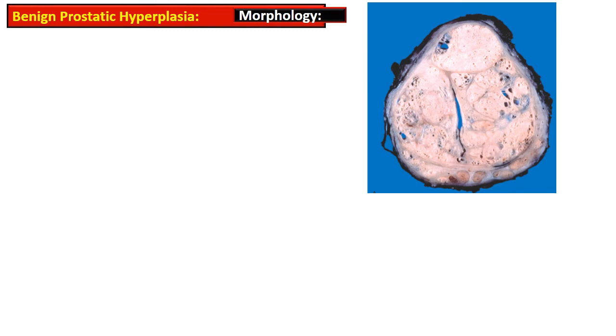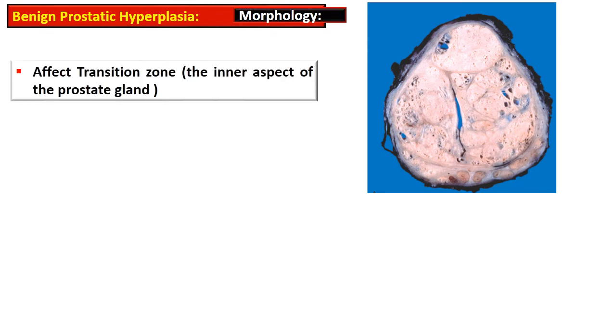Now, as far as the morphology of this benign prostatic hyperplasia is concerned, the weight of the prostate increases up to thrice or 5 times the normal. Normally it weighs about 20 to 25 grams. In benign prostatic hyperplasia, it goes up to 60 to 100 grams in weight.